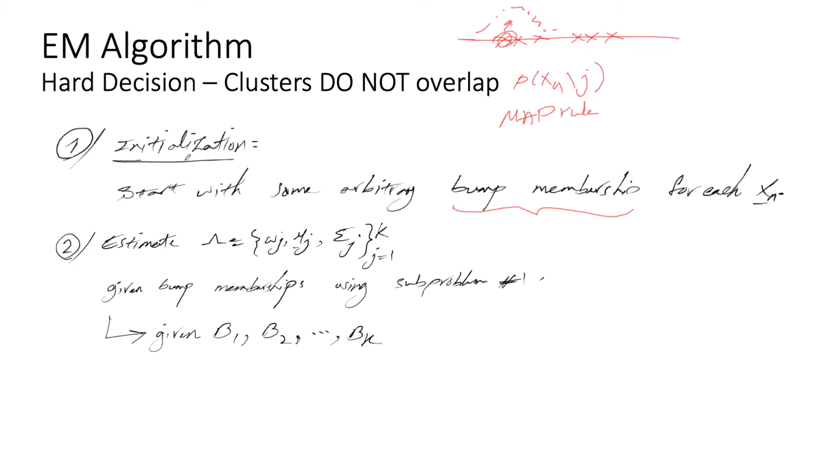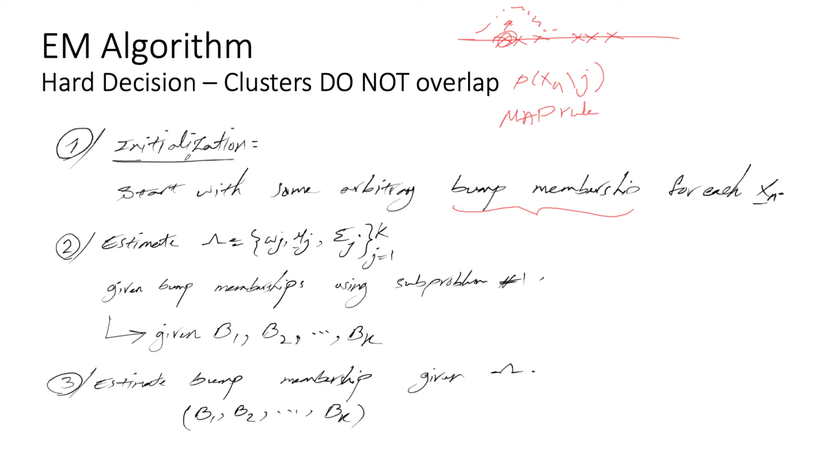And after you estimate that, again you estimate a new bump membership using your new estimates. And this can carry on and on until convergence, right? You have to repeat steps 2 and 3 until convergence.